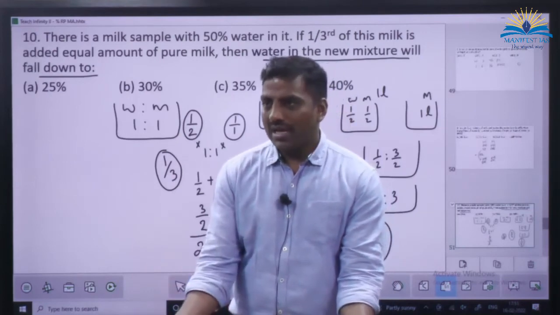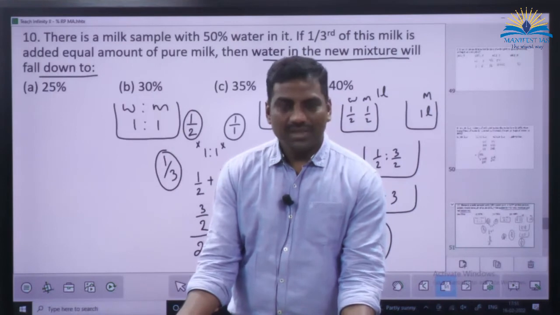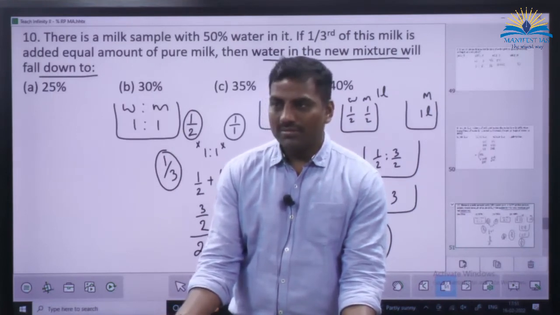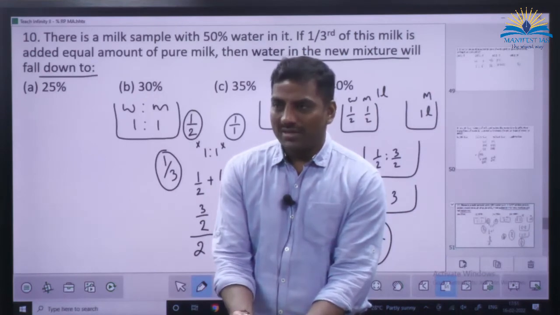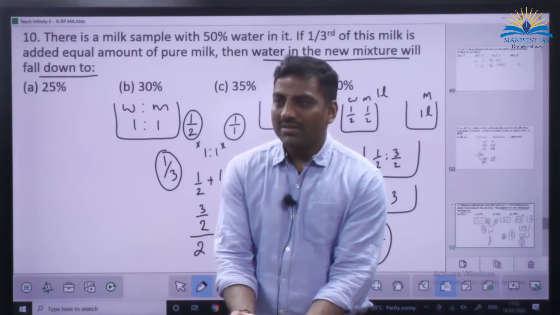Here milk and water mixed, 2 liters, but 1 liter water and 1 liter milk. Now I'll add them together. How many liters of water do I get? 1 liter. How many liters of milk? 3 liters.